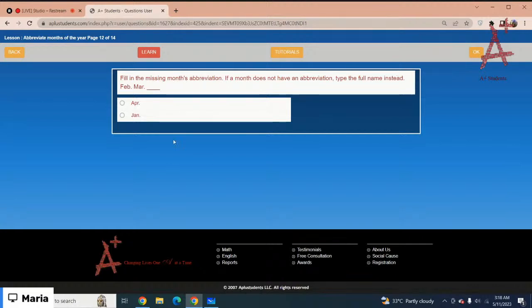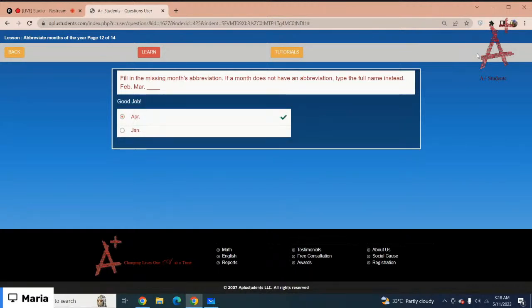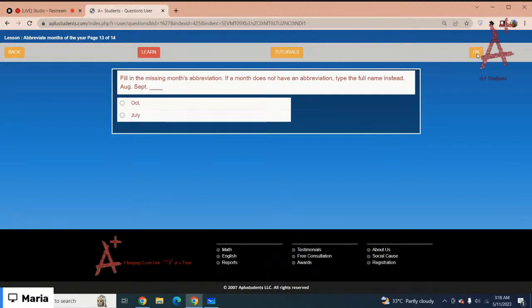After March, it would be April. Which is the month right after September? Yes, that would be October, right after September.